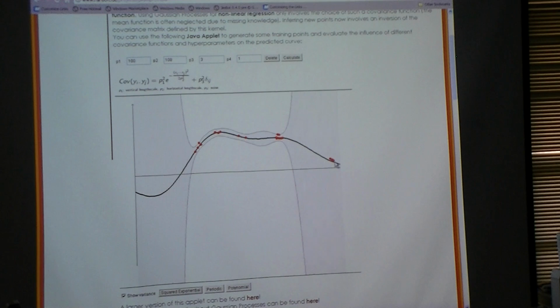This is one good thing about Gaussian process. It always gives you a distribution, and the distribution is easy to compute.